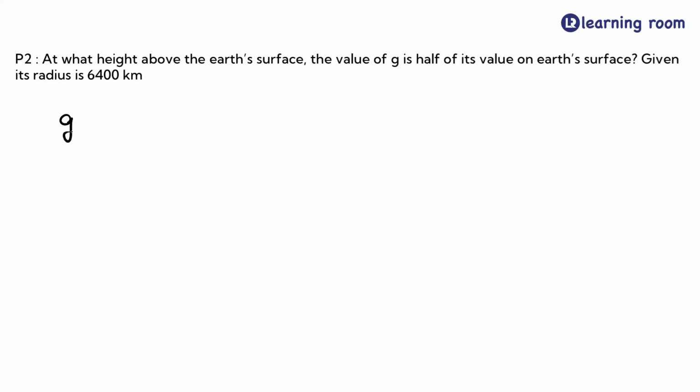So what should I write? gh is equal to g into R by R plus h, the whole square. So what is the value of gh?